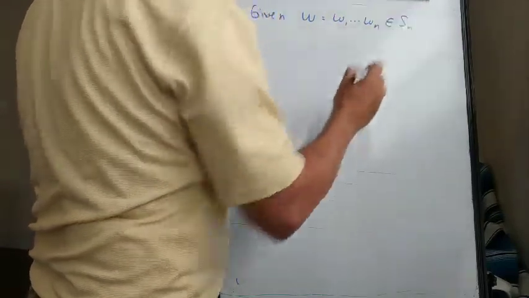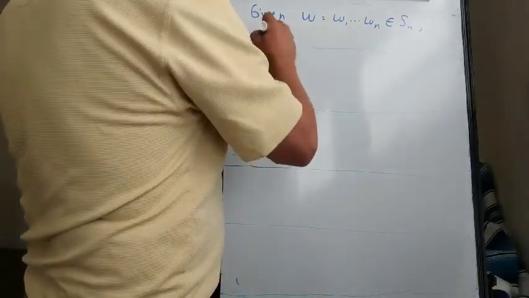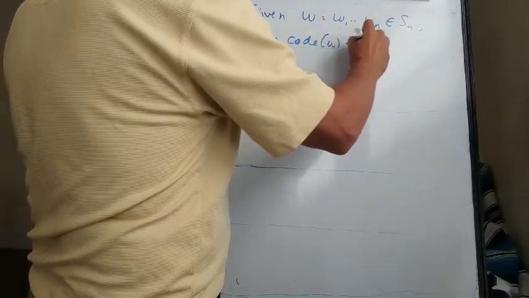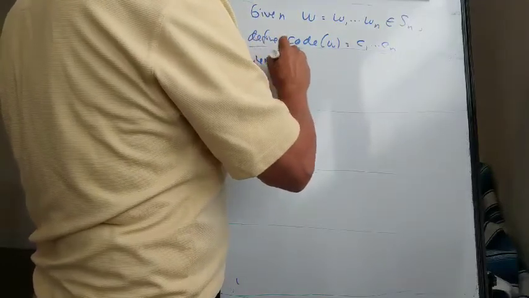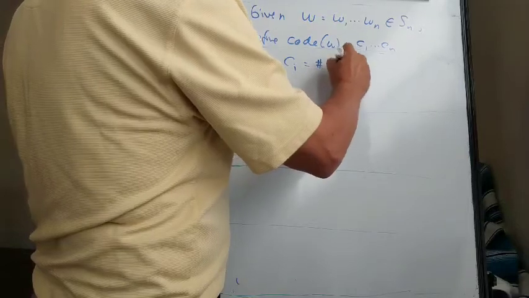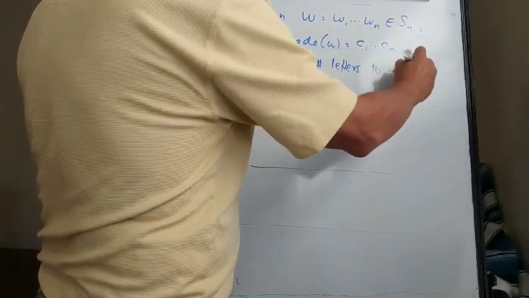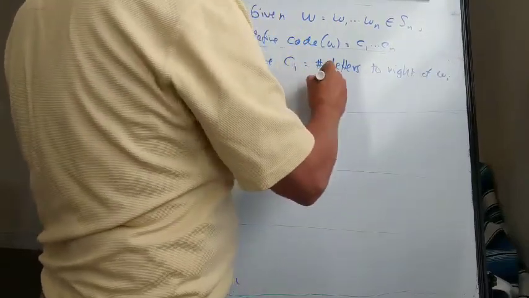if we have a permutation W in Sn, we define the code of W, so it'd be the word C1 through Cn, where Ci equals the number of letters to the right of Wi and smaller.